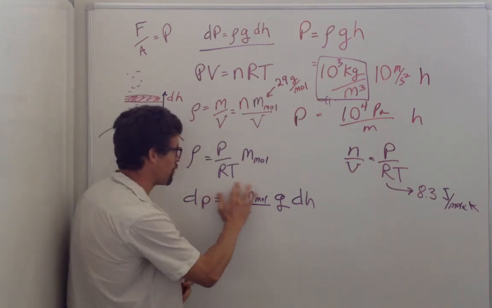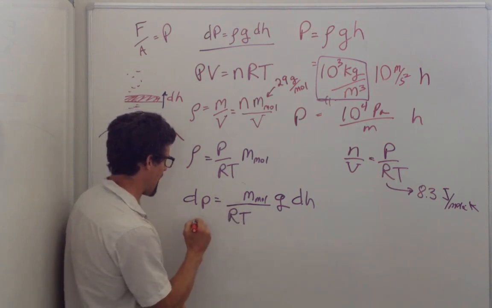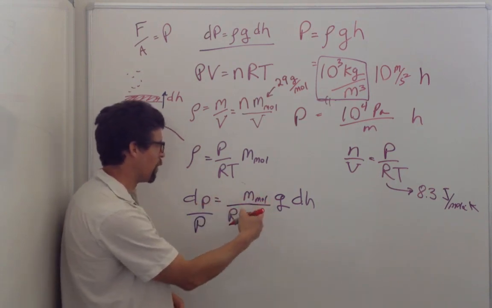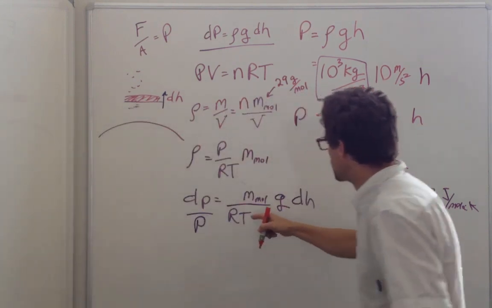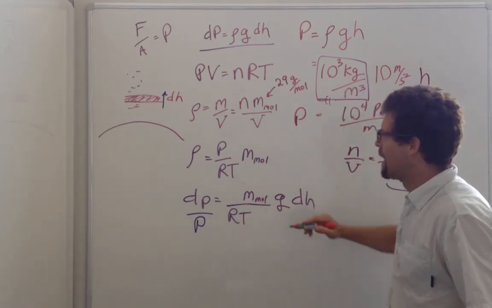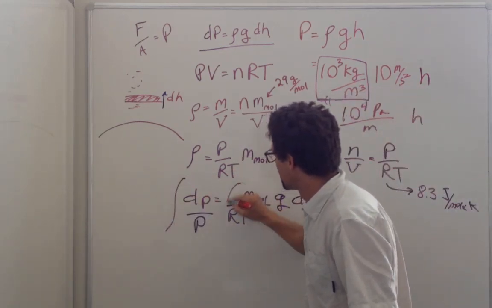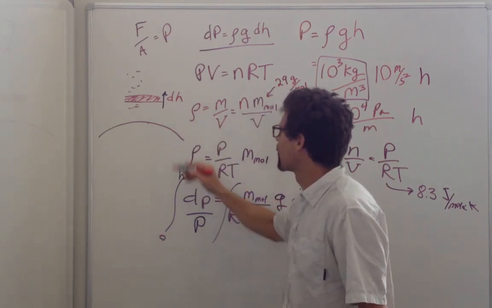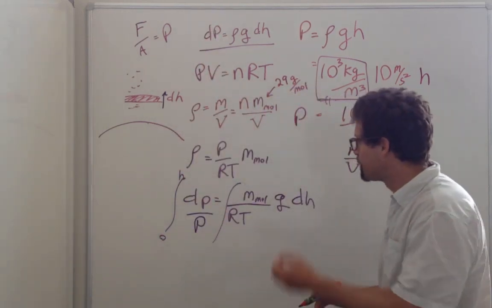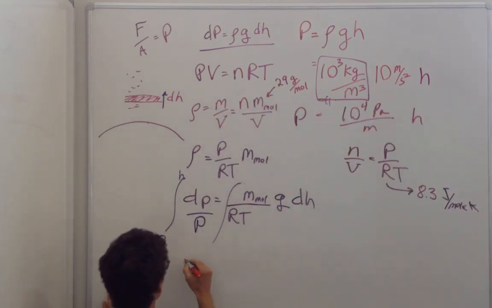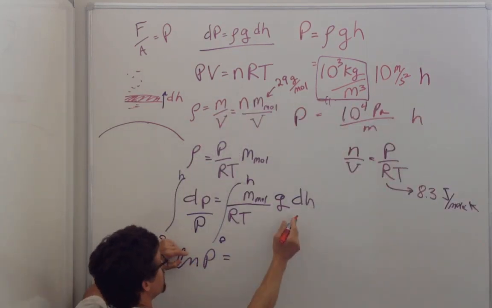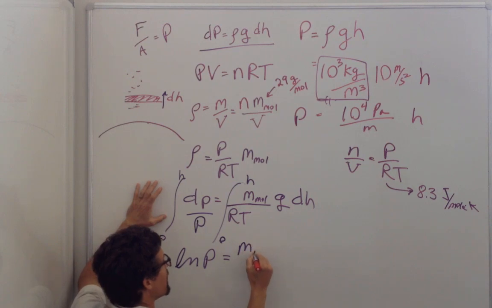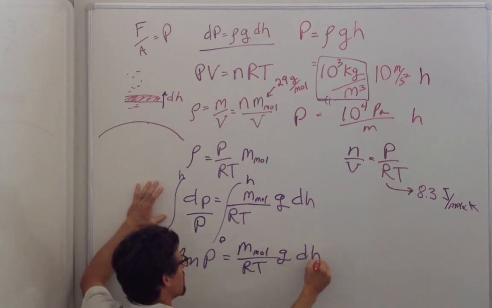In order to integrate, we bring this over to this side, and we have dP over P is equal to this quantity. And now we can integrate, up from zero height to some other height as we get higher and higher. And this is going to be natural log of P equal to just this quantity, Mgh over RT.